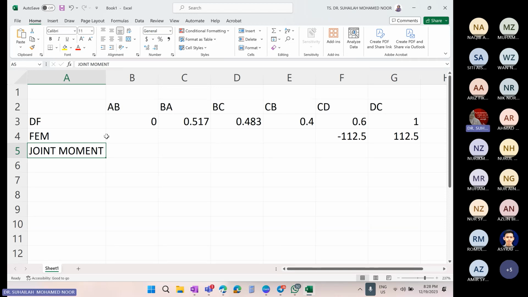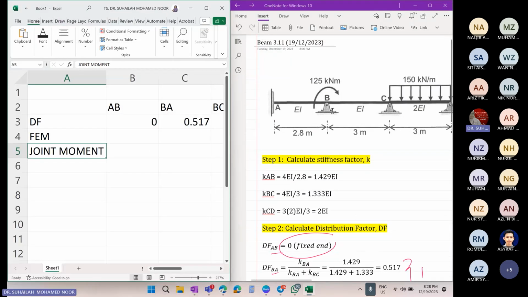Now because the beam has joint moment, what should we do with this 125 kilonewton meter clockwise? We have to distribute this 125 to BA and BC. But we do not have to change sign because it is already joint moment.